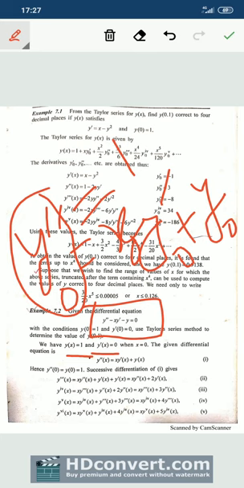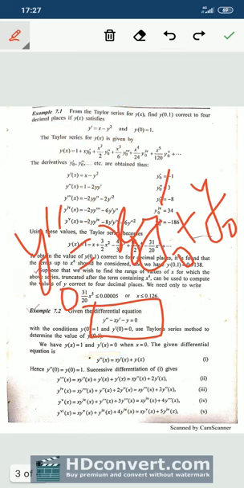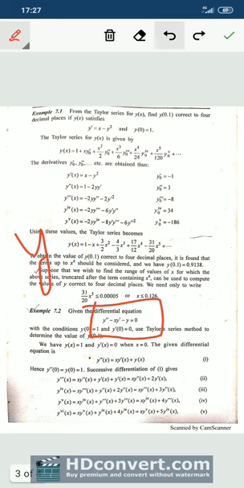Similarly, what are the values that we have now? We have y naught, y naught dash, and y naught double dash. Now all we need to do is find out y naught triple dash, y naught fourth order, and all the higher order derivatives. That we can do easily as we did in our last example.